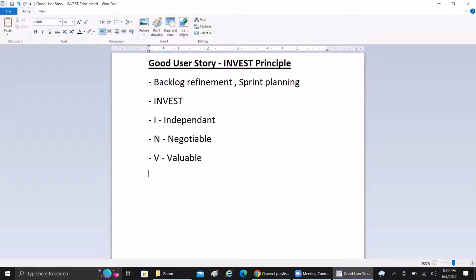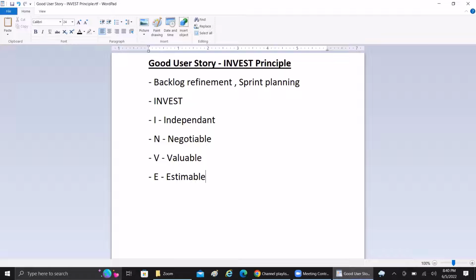And the next one is E. E stands for estimable. Different teams will have different timelines for a sprint, from 1 week to 3 weeks. Some teams will have a 2 week sprint, some might follow a 1 week sprint, some might follow a 3 week sprint.